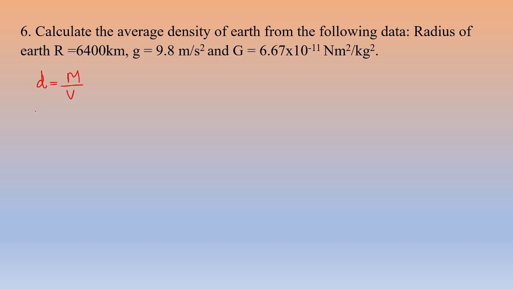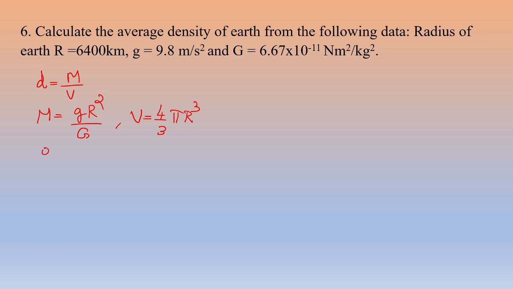The mass is given by small g R square divided by capital G. And the volume of the Earth, that is capital V, is equal to, since it has the shape of a sphere, 4 by 3 pi R cube.